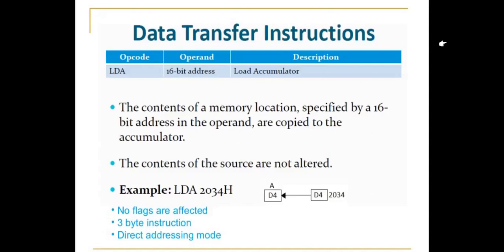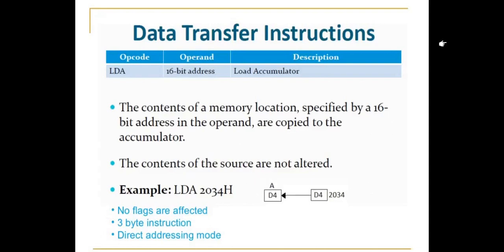When this instruction is mentioned, it will go to 2034H. It will see if there's any content. Obviously there will be a content in the memory location. So it will take that content and copy it to the accumulator, or load the content into the accumulator from the given 16-bit address.